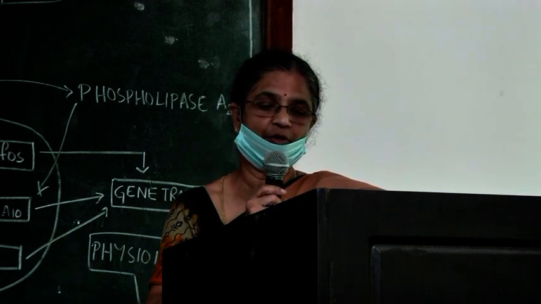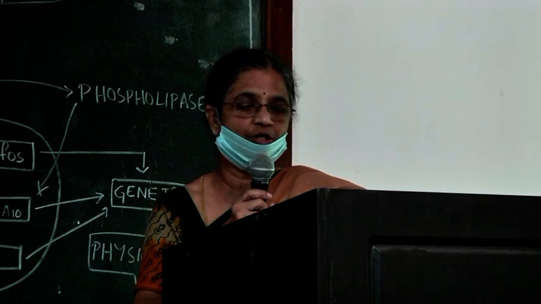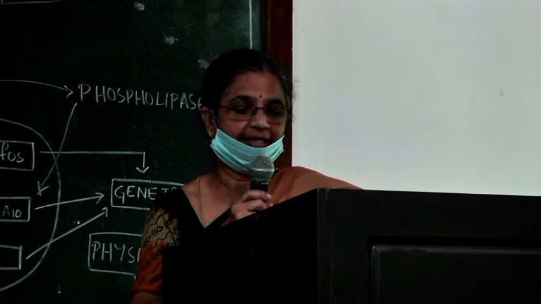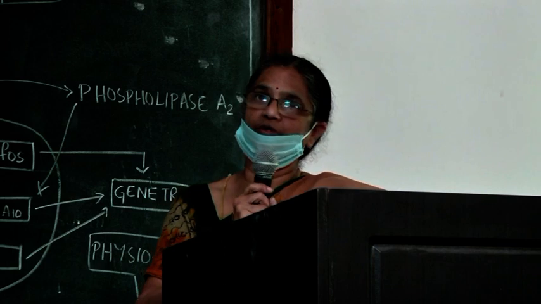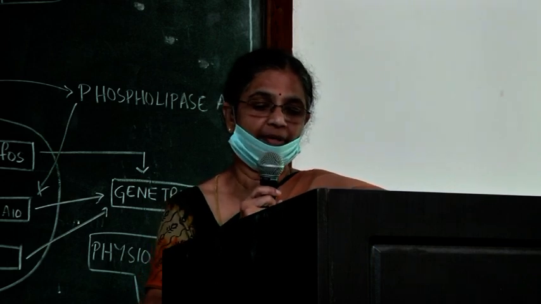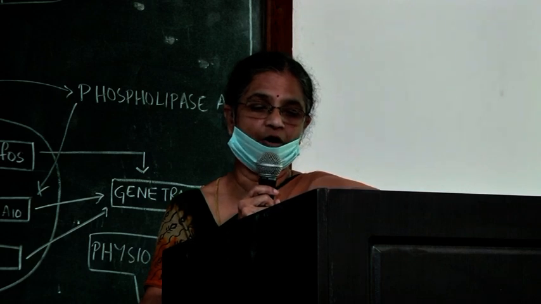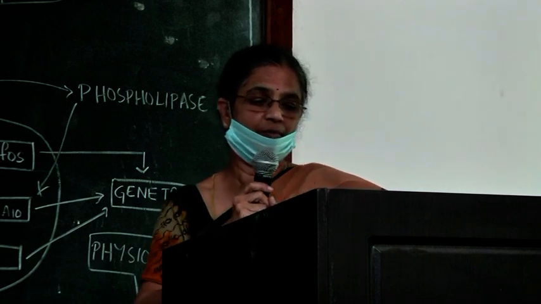The short-term metabolic effects happen acutely, and they are like lipolysis. Lipolysis, you all know, is the breakdown of fats from the adipose tissue, resulting in the formation of many free fatty acids, and they are released into the bloodstream, and they help in supplying energy to the body.